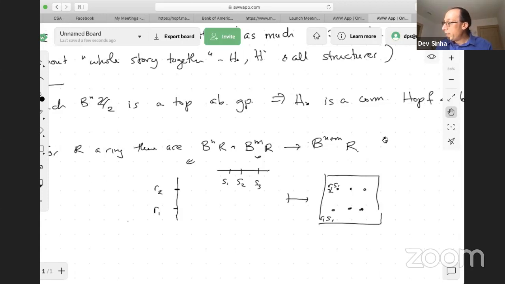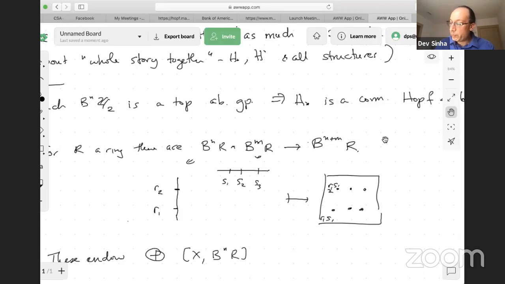And these endow the homology of the union, which I'll think of as the direct sum, with structure.